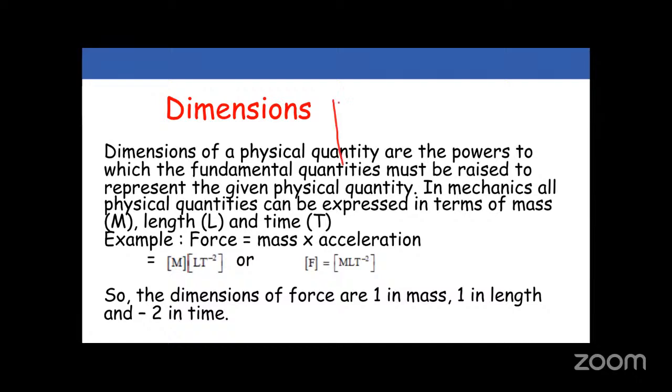F is equal to MA. M, which is mass, by dimensional formula is written as capital M. A, which is acceleration, the unit of acceleration is meter per second square.